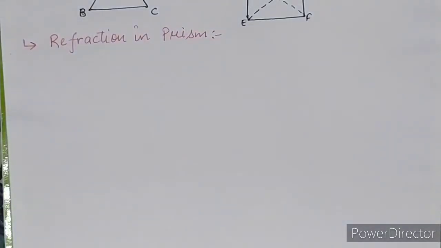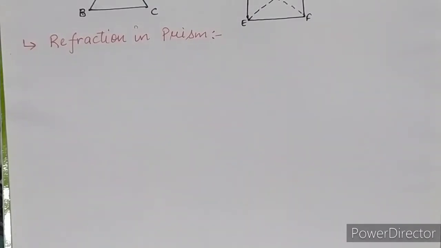First of all I am drawing the diagram. You have to see the diagram very carefully, because the entire derivation depends on it, and you have to make this diagram in your practical exam also. It is an important topic as well; most of the time, we can say 90%, one question comes from prism from this chapter.